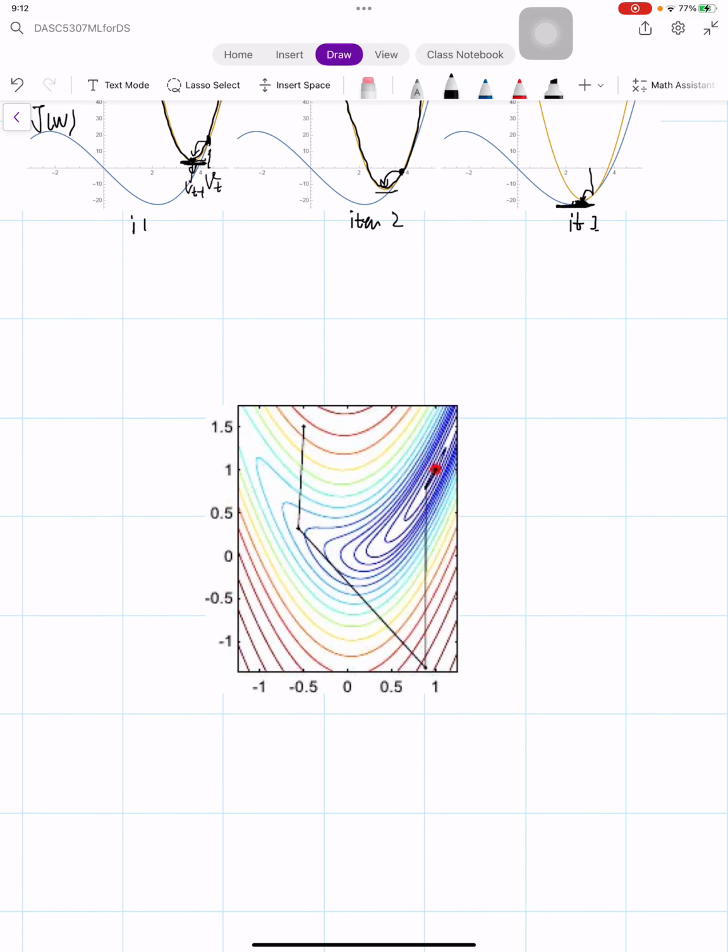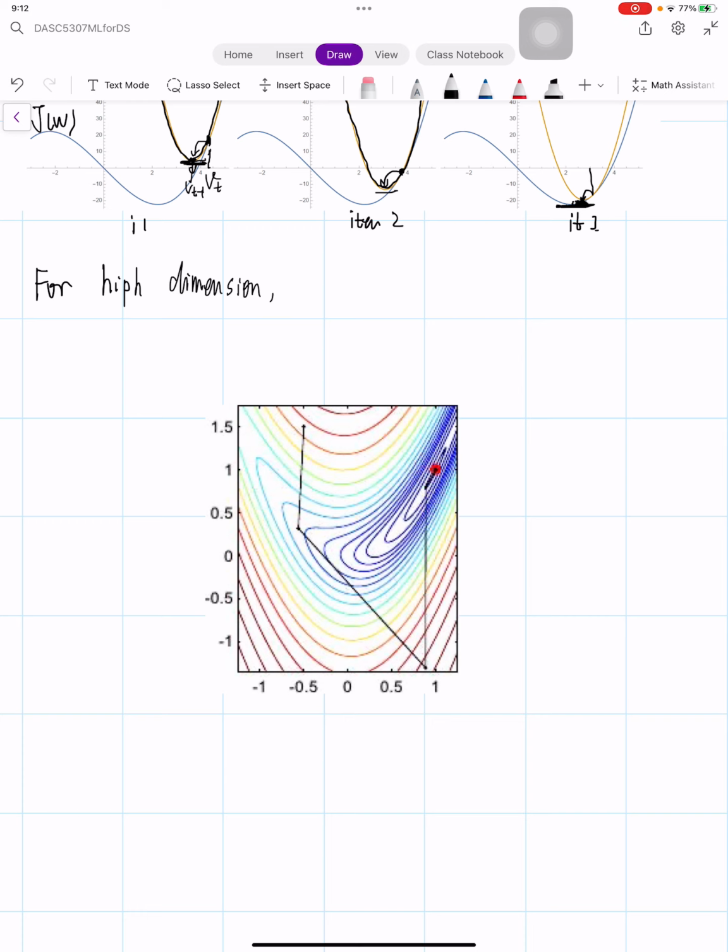This method can be applied to higher dimensions too. For high dimension, we just take the Taylor series about v.